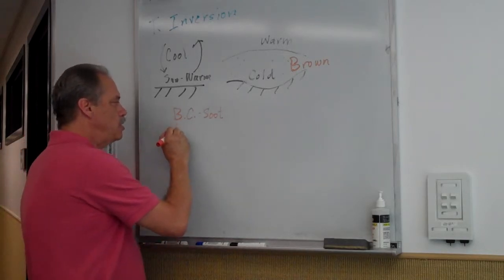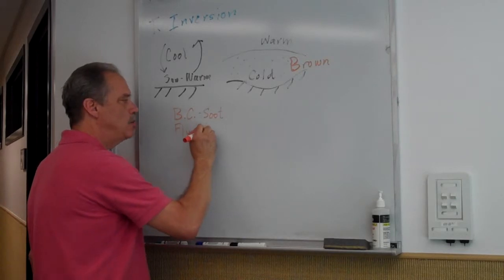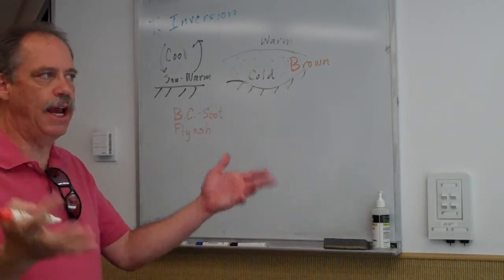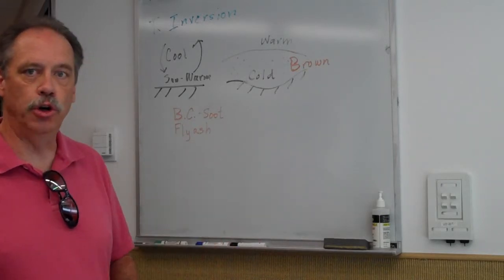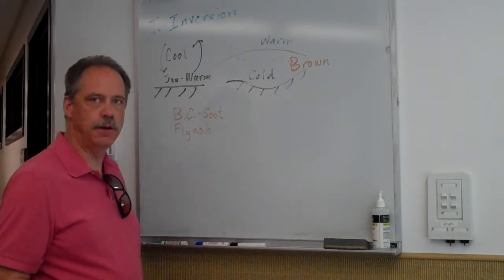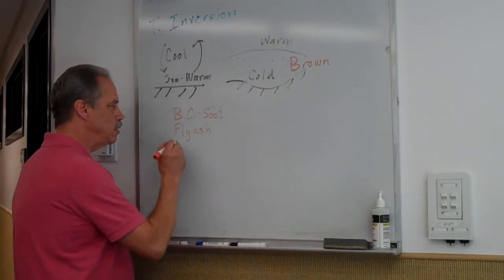From factories, we also have fly ash, which is particulate, which is exactly what it sounds like. It's ash from combustion processes that has flown up into the air. A lot of factories will capture this to prevent it from going into the air, but some of it occurs.